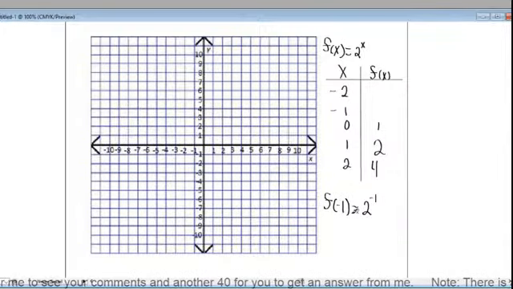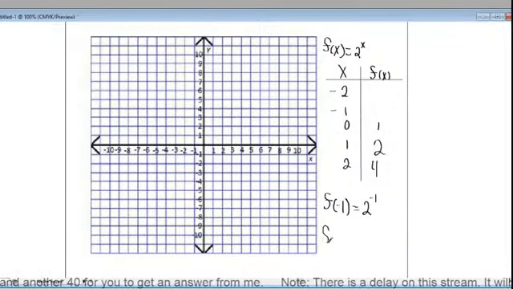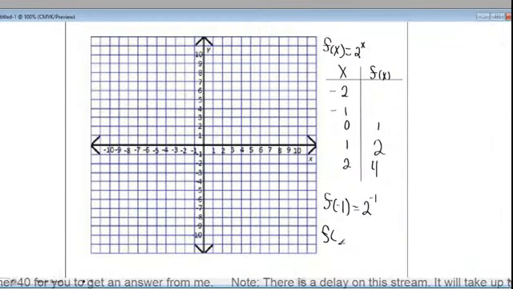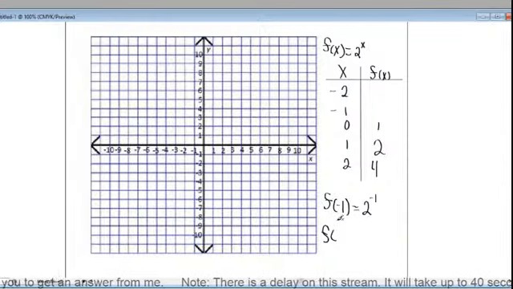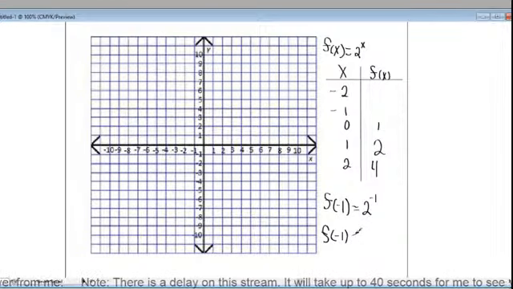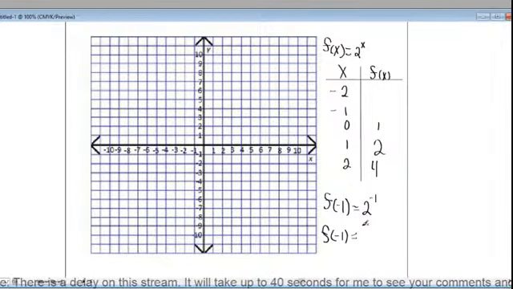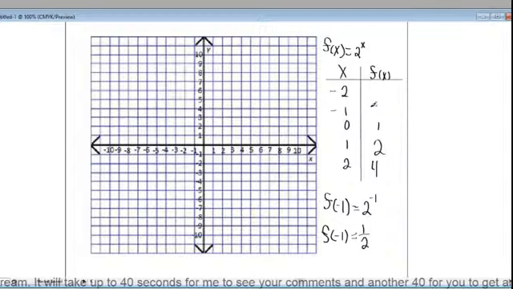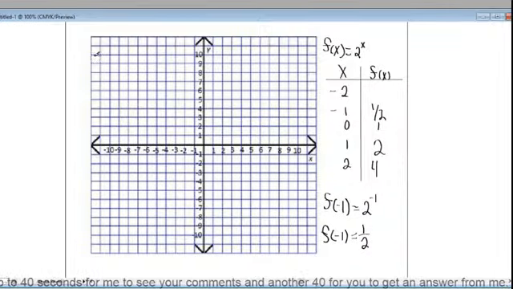Again, that's going to take the reciprocal of 2. So this is going to flip, and we are going to have f of negative 1 equals the reciprocal of 2, which would be 1 over 2. Again, it flips. So this is 1/2.